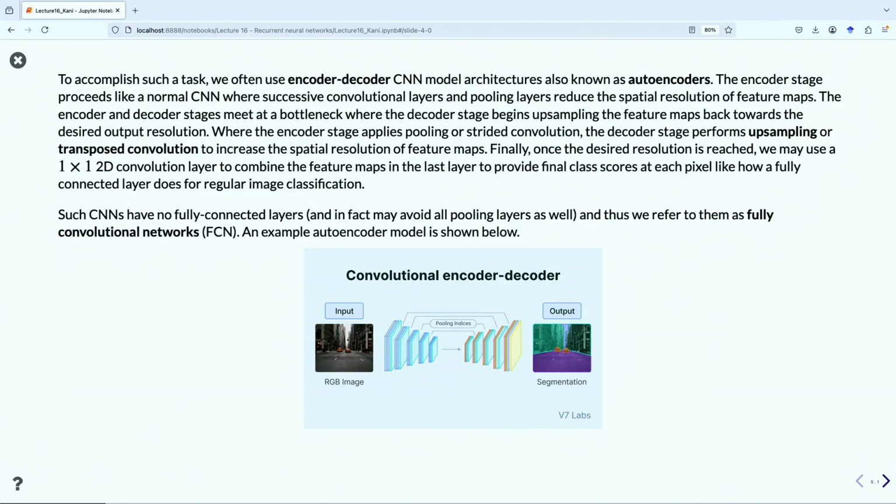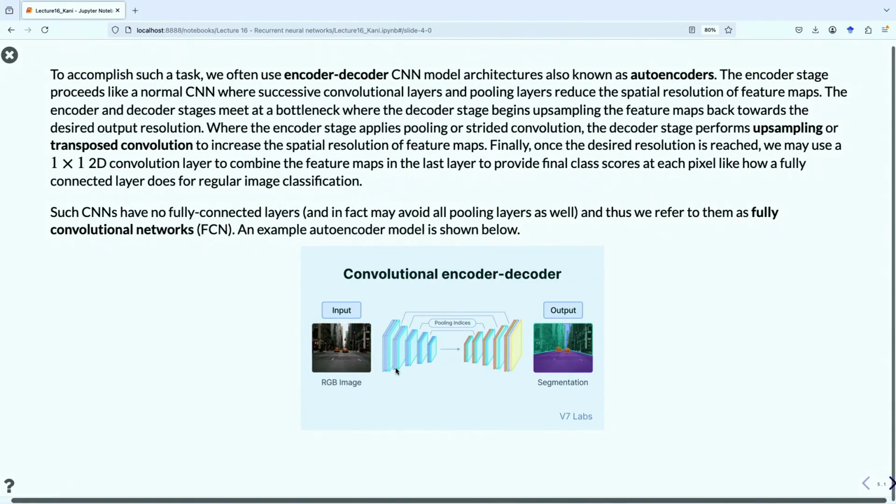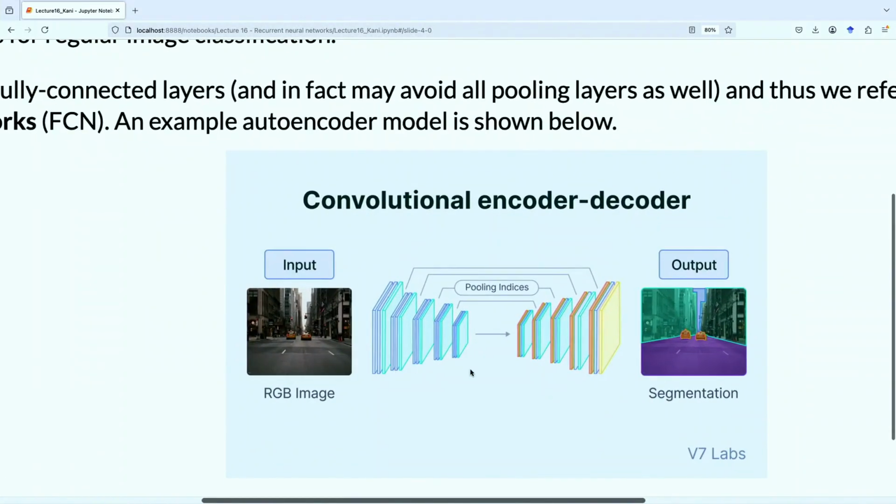In this picture, we have this input. It goes into an encoder, which, again, is just a bunch of convolutional layers, same as before. You have multiple convolutional layers, and in between each one you have a nonlinear activation function.